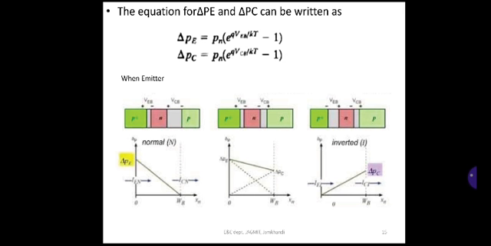So we have seen all the currents, that is emitter current, base current and collector current, and we now understand how to relate them in ratios. We also know the terminal currents.